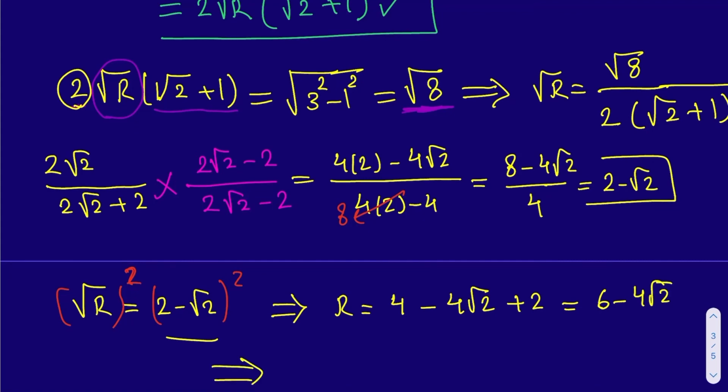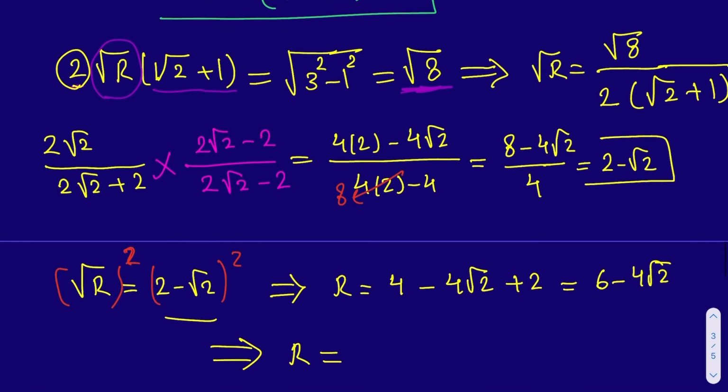Therefore, the value of r, which is the radius of the smallest circle there, is equal to 6 minus 4 square root of 2.